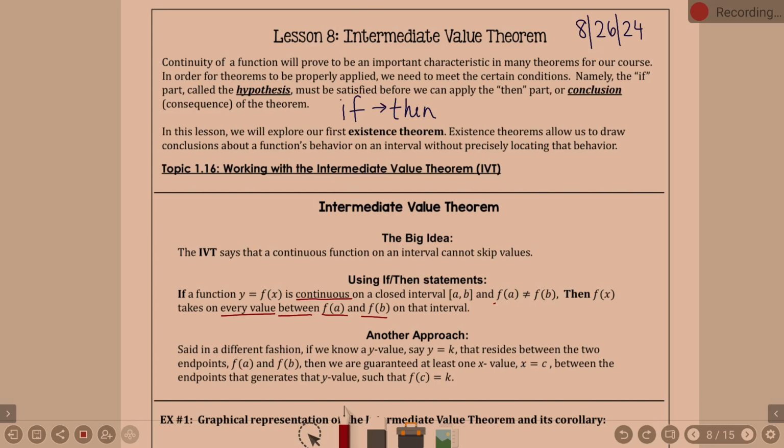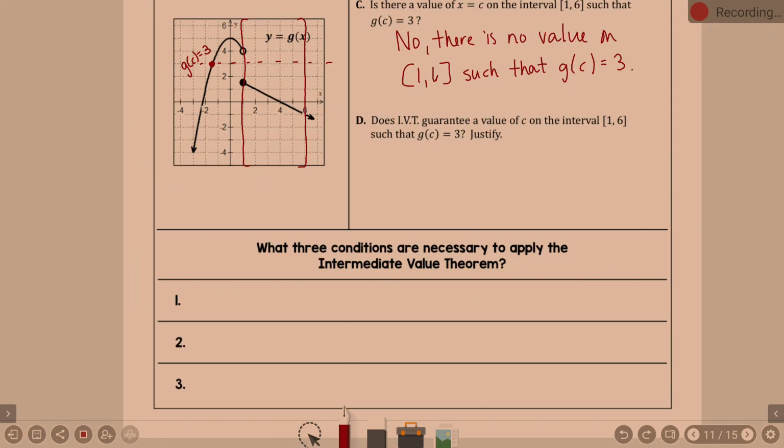In other words, in this case, what is f of 1? F of 1 is 1.5 maybe. What's f of 6? -1.